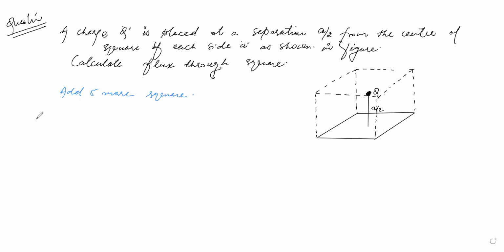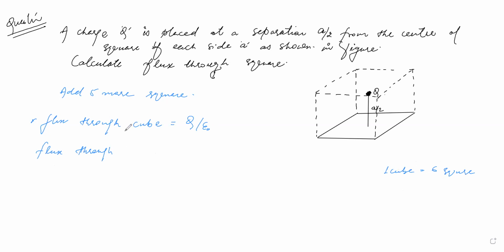Then your flux through the cube is equal to Q over epsilon naught. Hence, we can write flux through 1 cube as 6 squares. Can we write it or not? In one cube, how many squares are possible? There are a total of 6 squares.